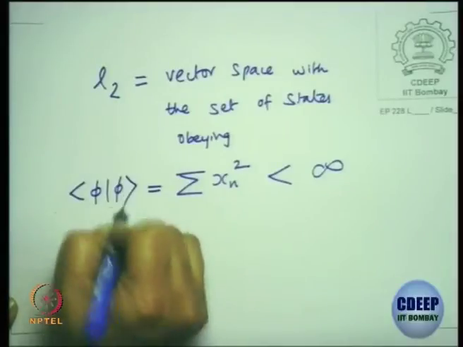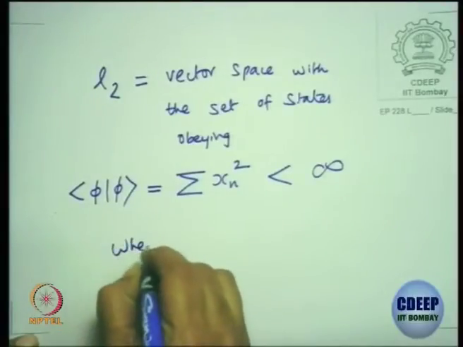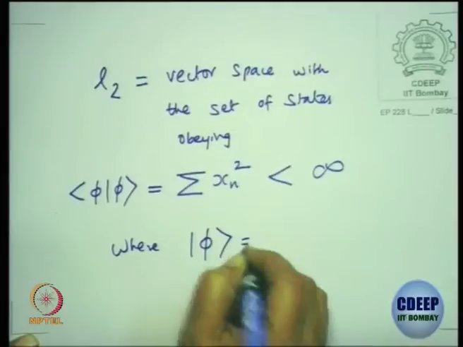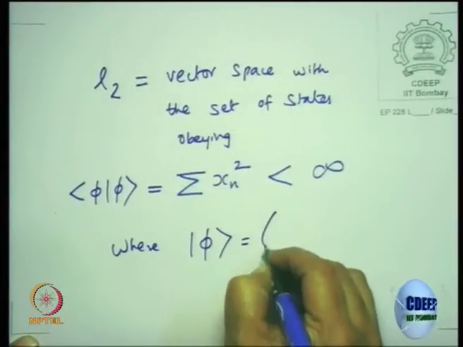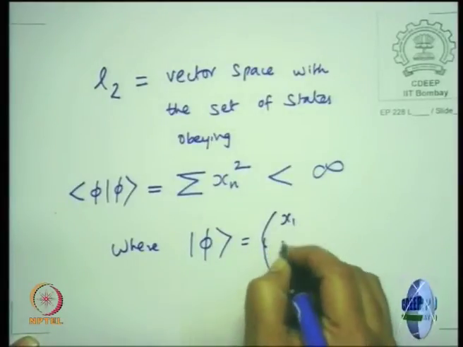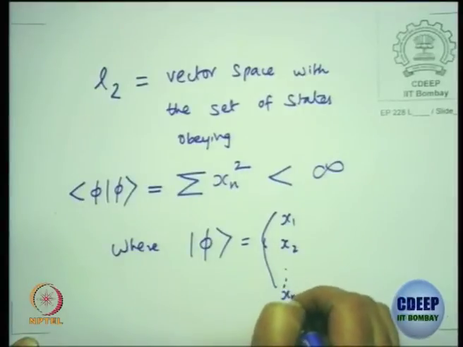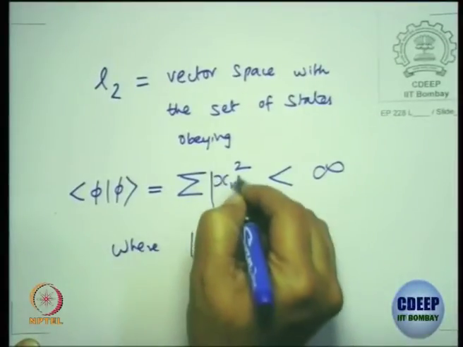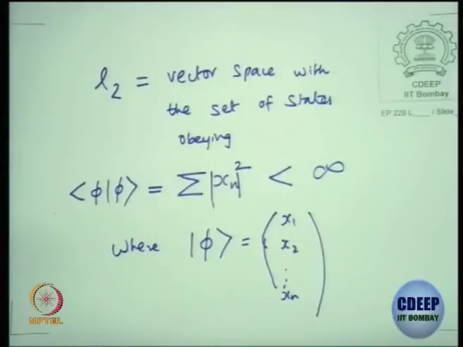The state says, technically I should put mod xn because I have not specified whether it is a real vector space or a complex vector space.